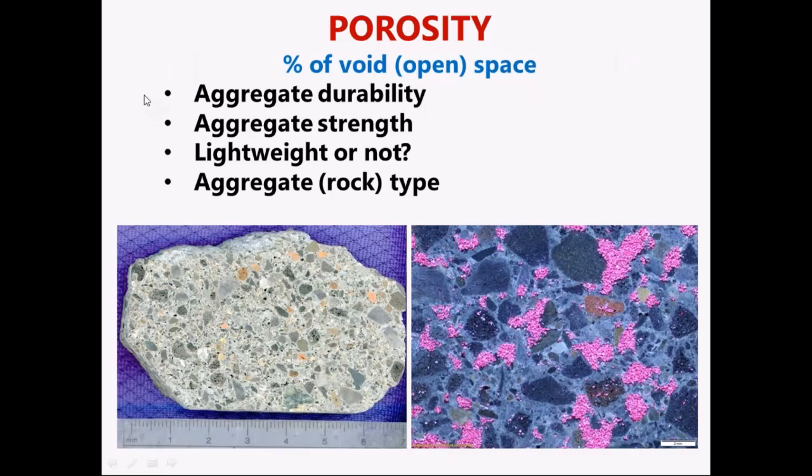A couple other things. We can determine the porosity of aggregates or rocks or concrete or construction materials, right? The percent of open space in the sample, which of course for aggregate durability and strength is certainly key. This is a sample of a CMU, cinder block, cut and polished. On the left, on the right is a close-up. Again, I put some of that pink glitter in there to show you open spaces you can see with your eyeball.